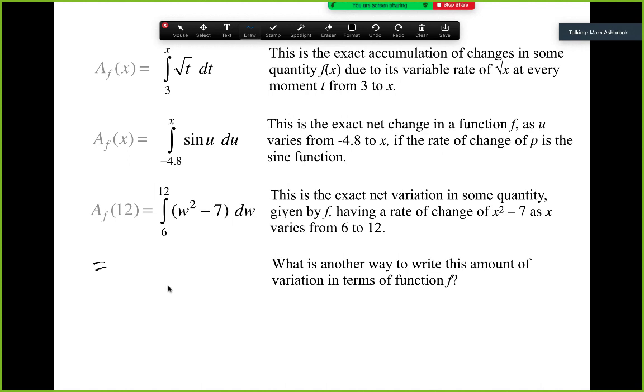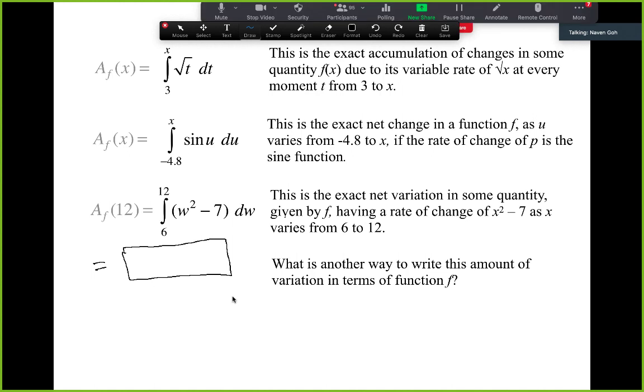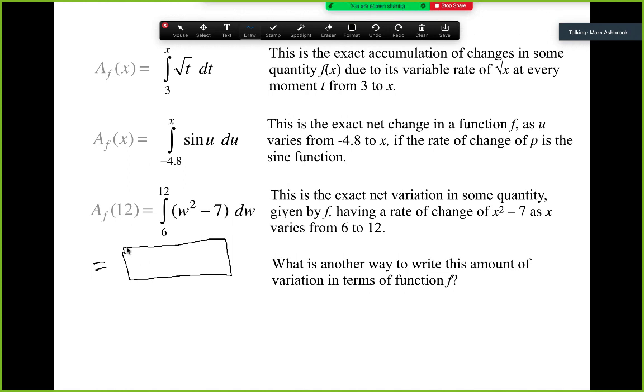If it's how much f has varied from 6 to 12, we can write that pretty simply, right? You guys practiced with function notation, right? The variation in a function as x varies from one value to another. How do we express that? A sub f of 12 minus, okay, that would be right, because A sub f of 6 is actually 0.